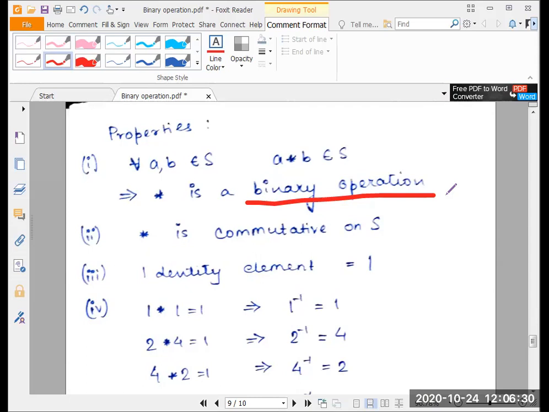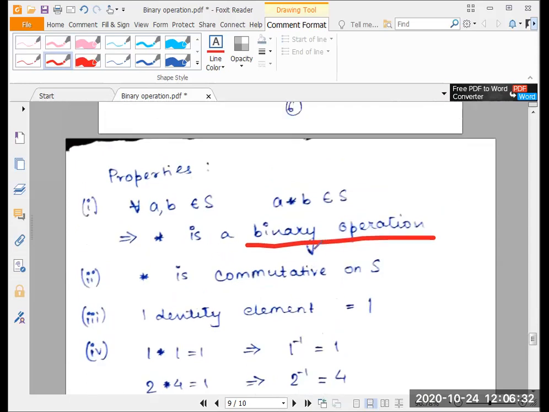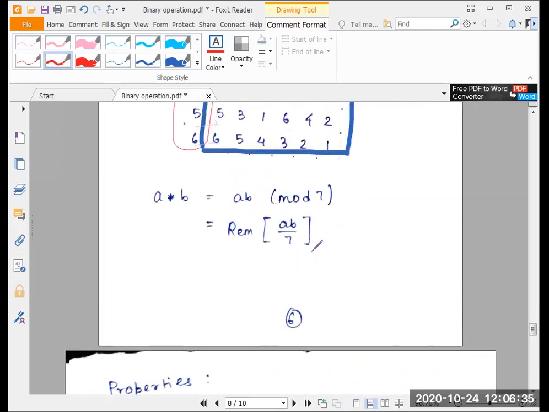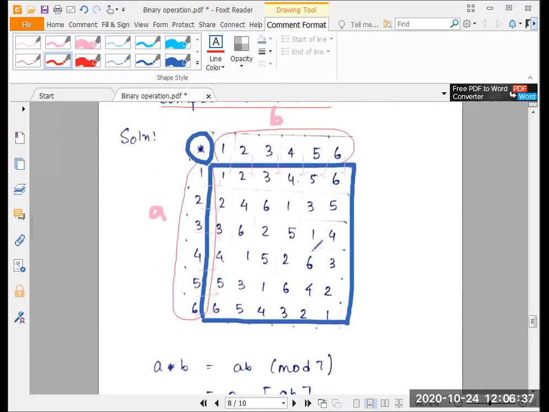The next thing we need to see is the commutative property of the operation. This is a property that I had discussed when I was talking about binary operations in my previous video, so you can take a look at it.